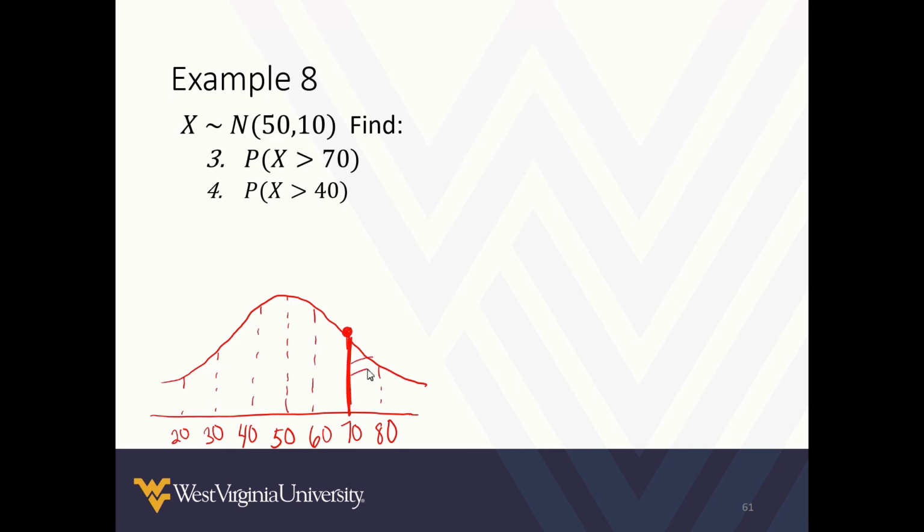So x greater than 70 is going to be this area under the curve. Once again, we can use our 68, 95, 99.7 rule. 70 is within 2 standard deviations of the mean. So by using our 95% knowledge, we know between 30 and 70 lies 95% of our data. Now we just need to find out what's on the tails.